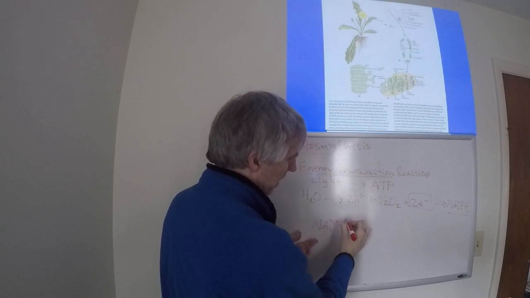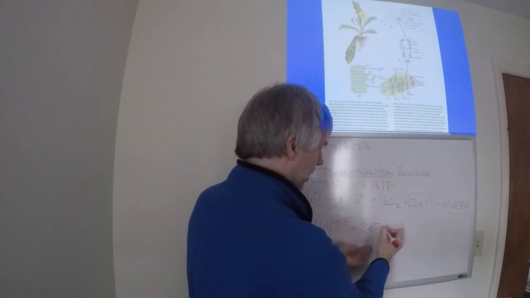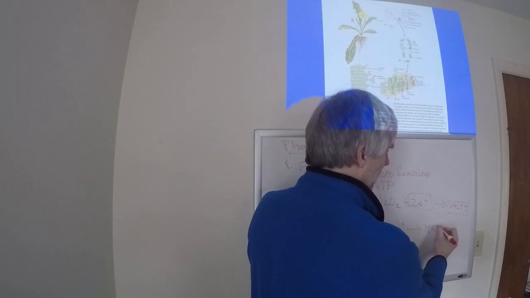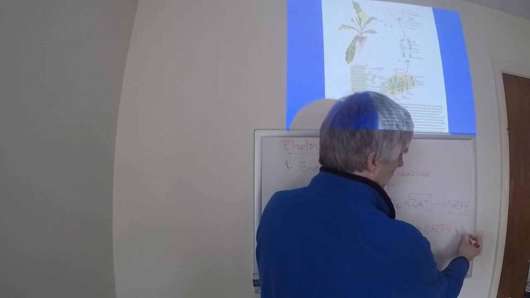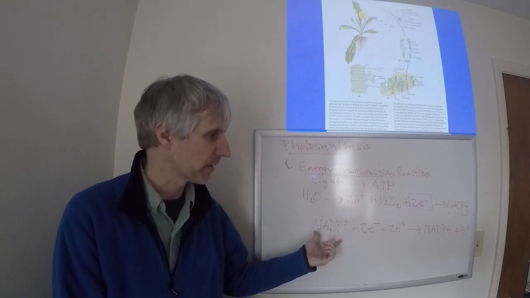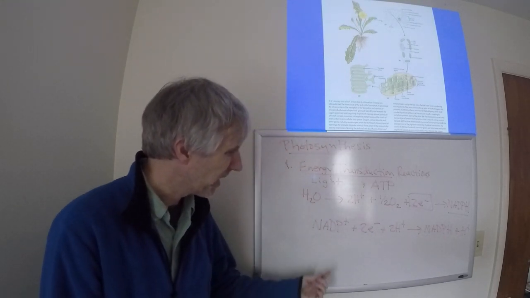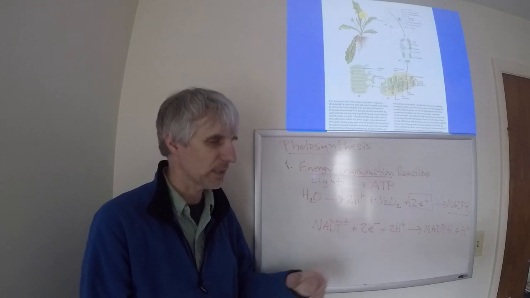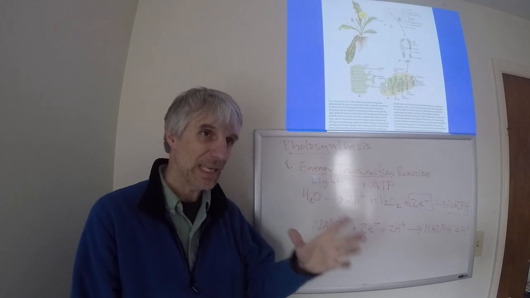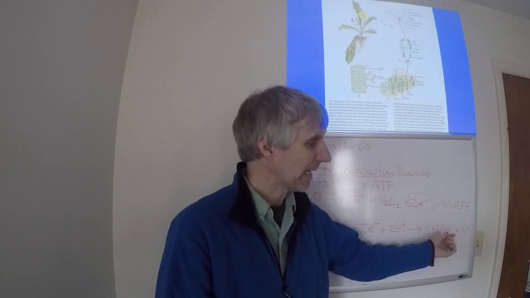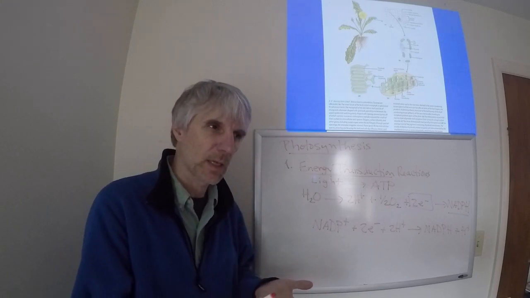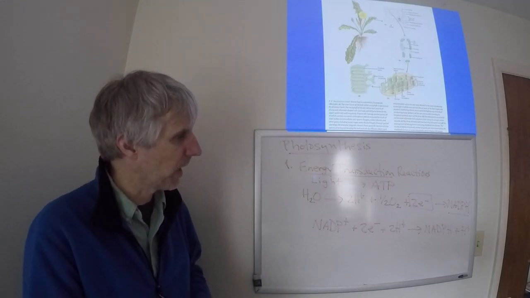So NADP+ plus 2 electrons and 2 hydrogen ions gives us NADPH plus a hydrogen ion. Okay? That's the oxidized form of the electron carrier. That's the reduced form. It's very similar to one you've seen in cell respiration, NAD+ giving you NADH. This just has an extra phosphate group. It's an electron carrier used in the chloroplast.